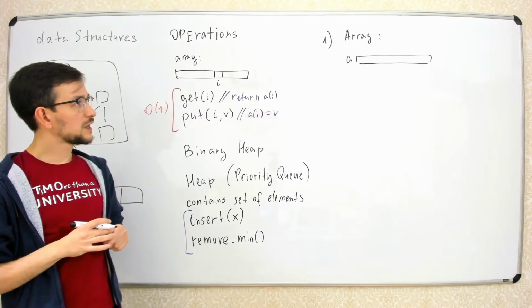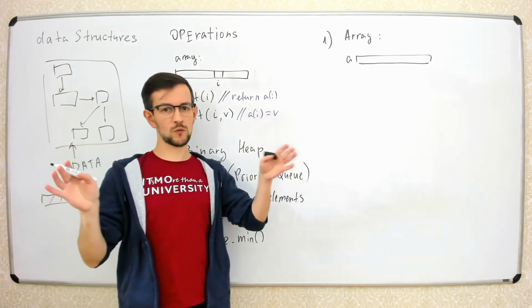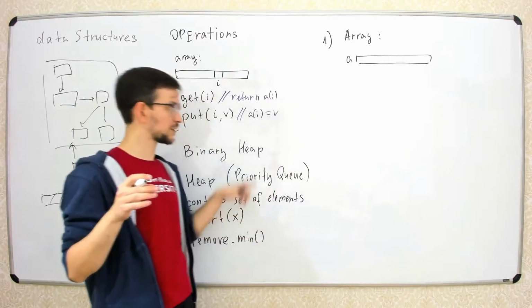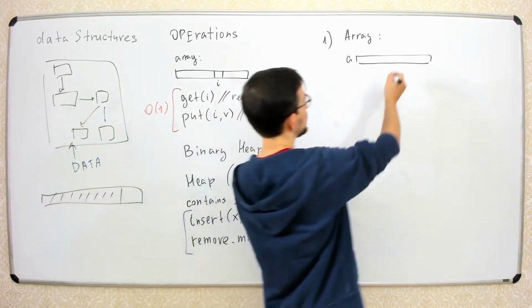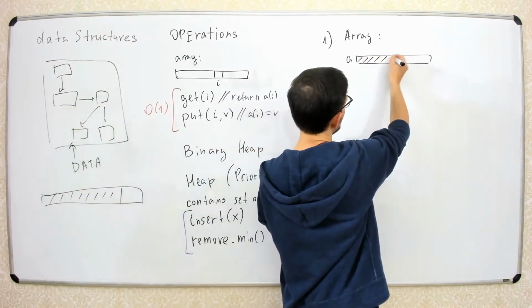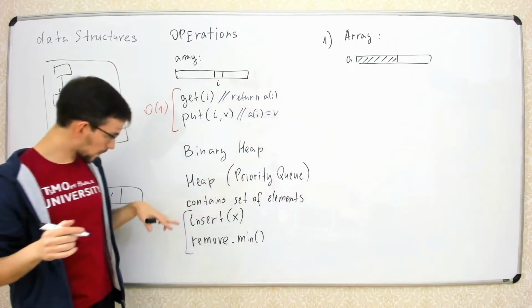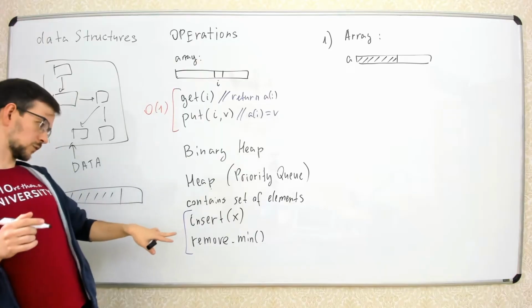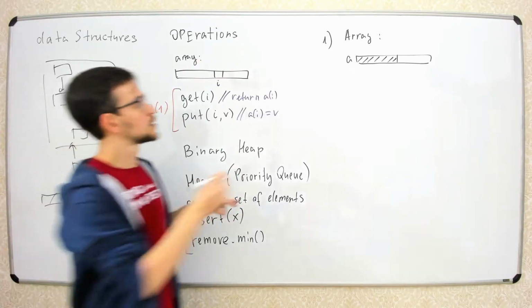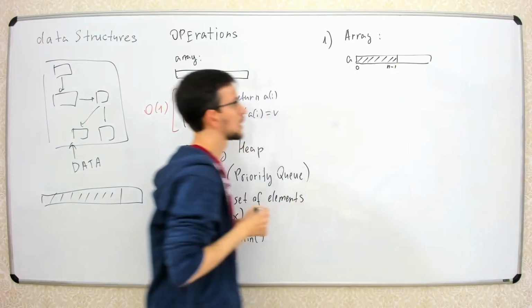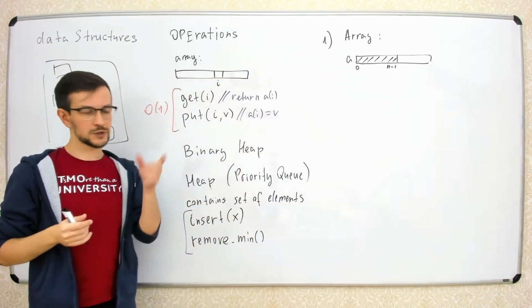Let's say that this array is big enough, so we always have enough room to put all elements of our set in this array. So we use the first n elements of this array, from 0 to n minus 1, to contain the elements of this set.